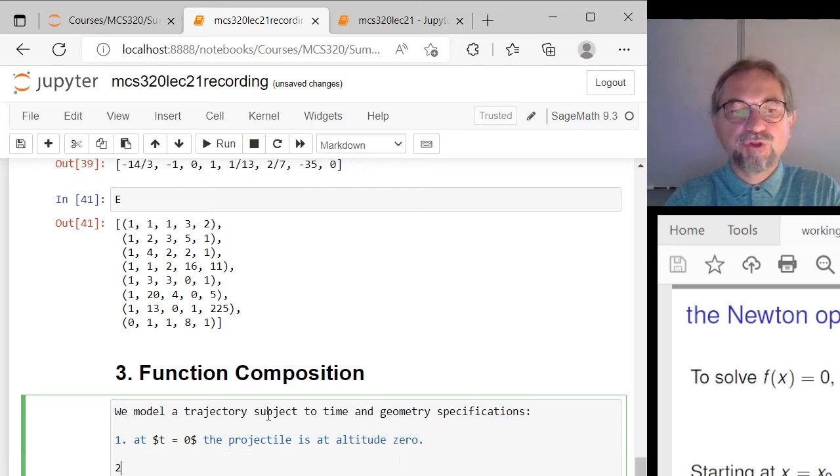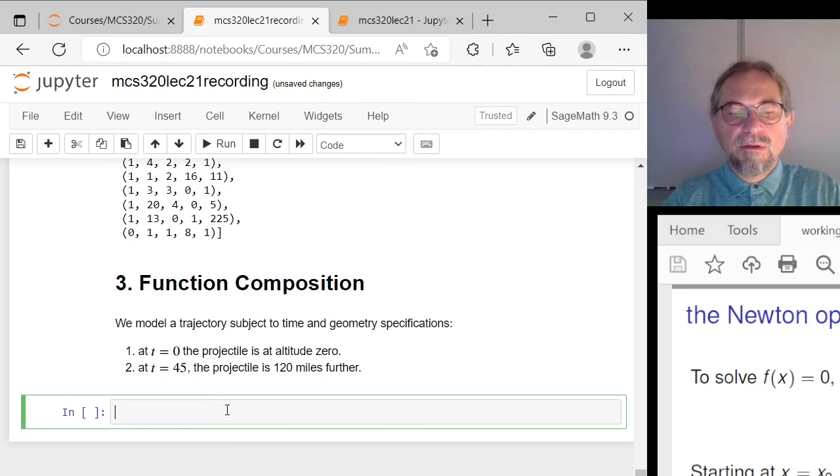So that's the first root of our quadratic polynomial, and at time equals 45, the projectile is 120 miles further. So we have our first function with the two roots, x equals 0 and x equals 120.